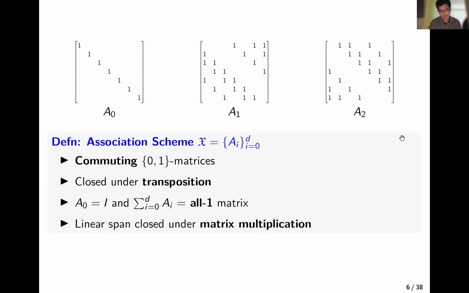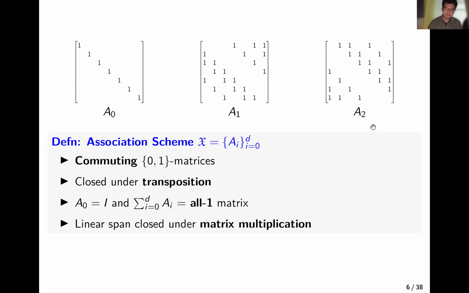And importantly, the linear span is closed under matrix multiplication. So the linear span isn't just a vector space, it's actually an algebra. Now here's the thing. These matrices are normal and they commute. That means they're simultaneously diagonalizable.